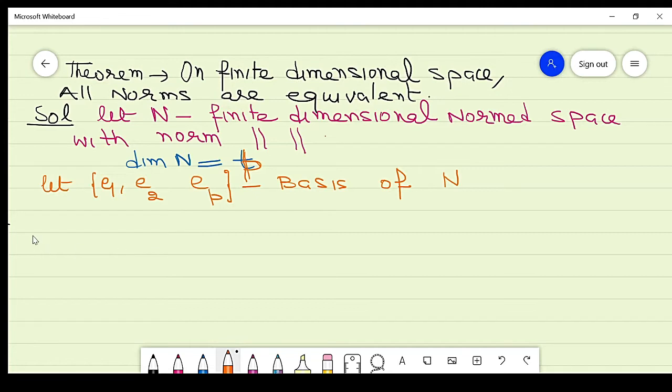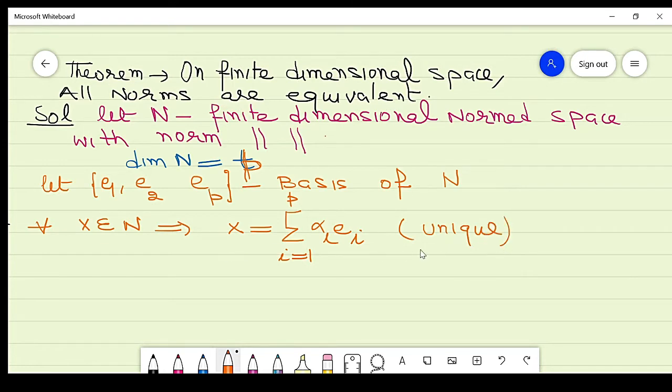If it is a basis of the normed linear space N, then any x belonging to N can be written as x equal to the summation of alpha i ei, i running from 1 to p, and this expression is unique.